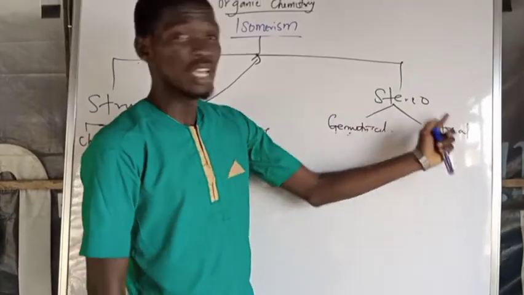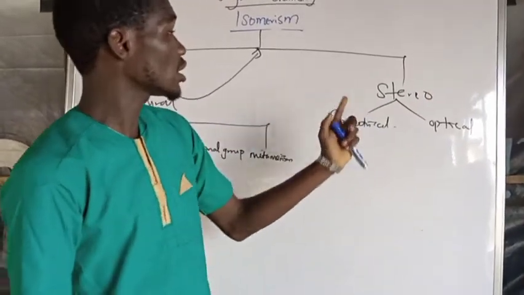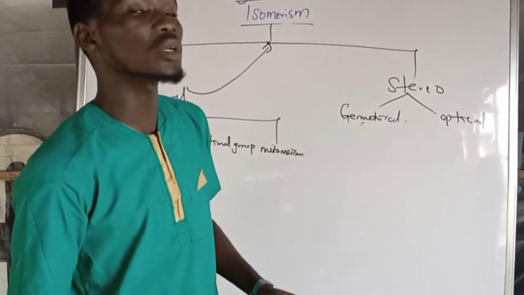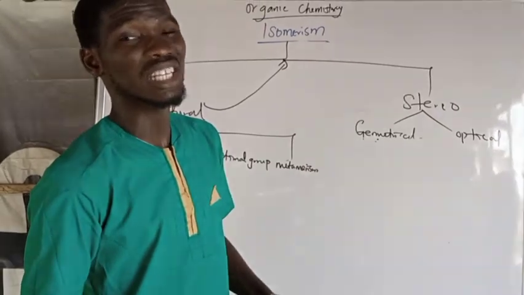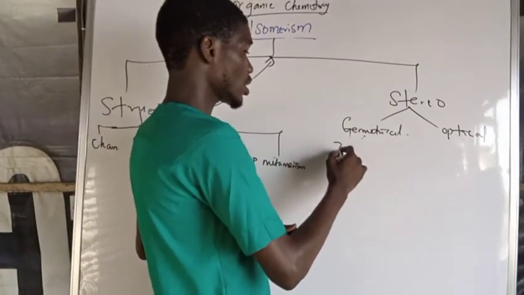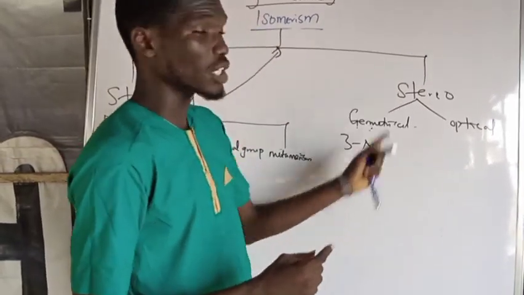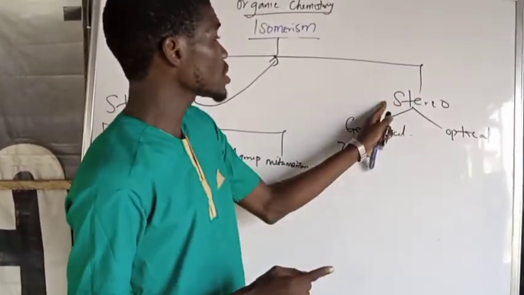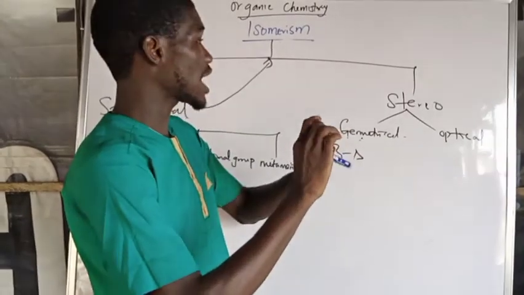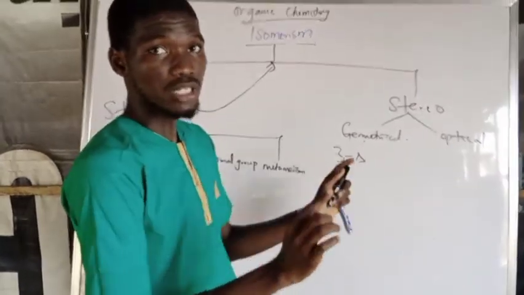When talking about stereoisomerism, these are compounds that have the same molecular formula but a different 3-dimensional orientation. That is for the stereo, that is, the way the carbon atoms are arranged in space.